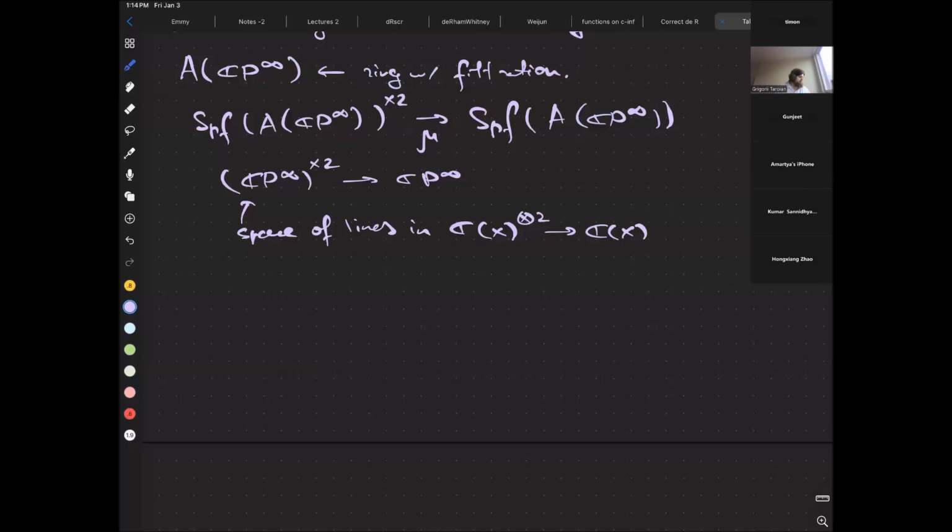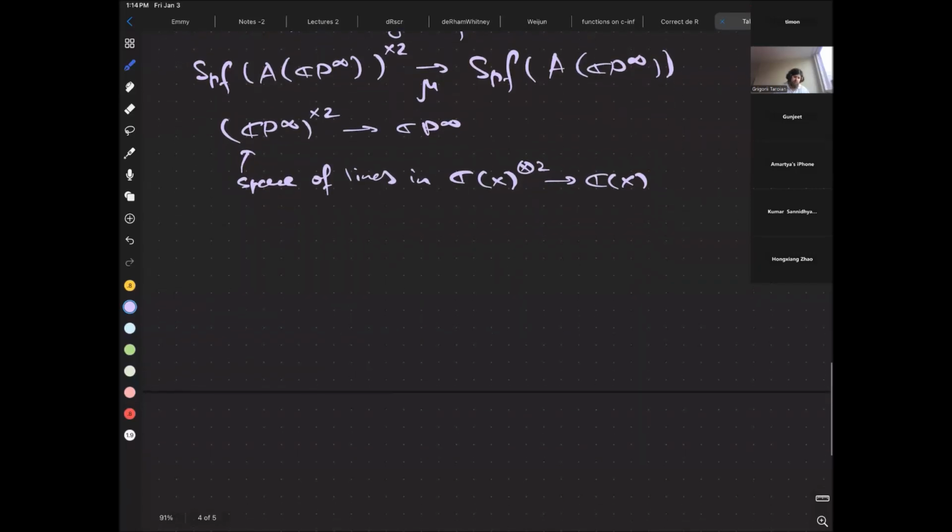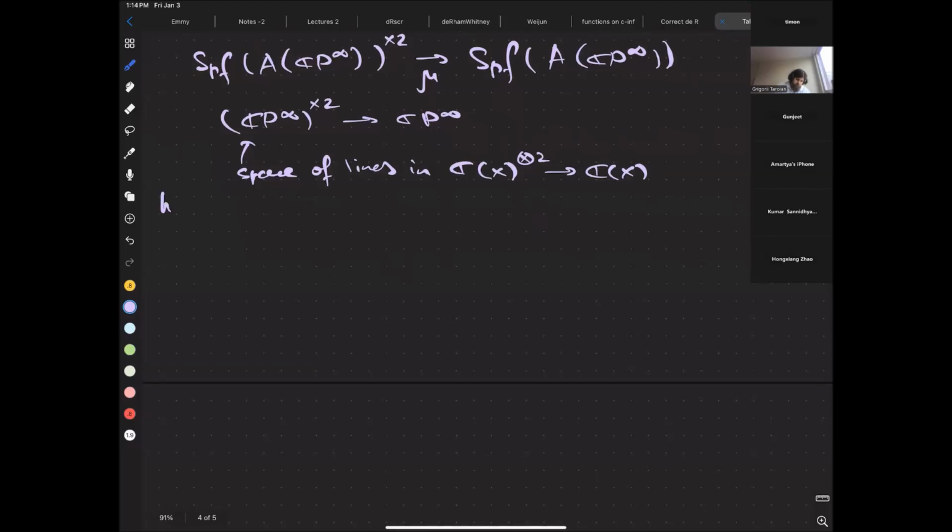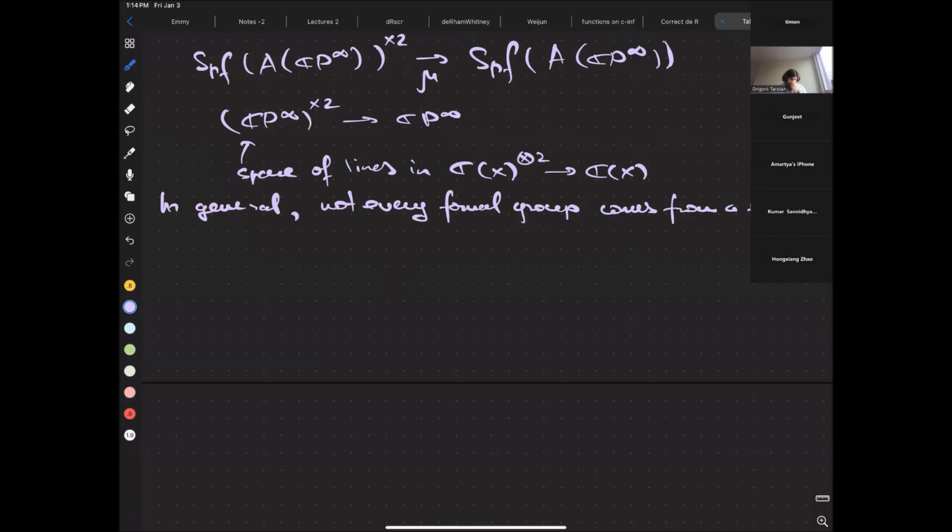And then another observation that we have to make is that in general, not every formal group comes from a formal group law. So the idea is that the formal group law is like a multiplication in your formal group in some specific coordinates. Of course, you can guarantee that you have this sort of formula locally.